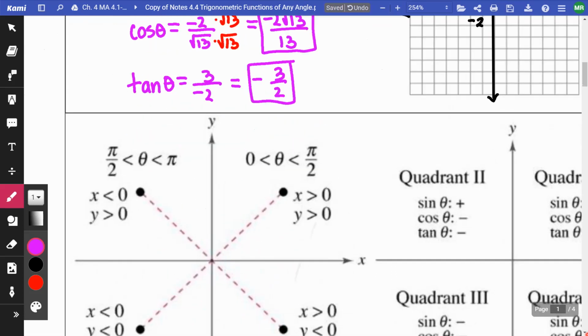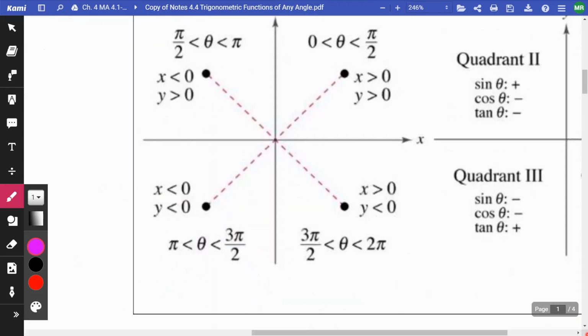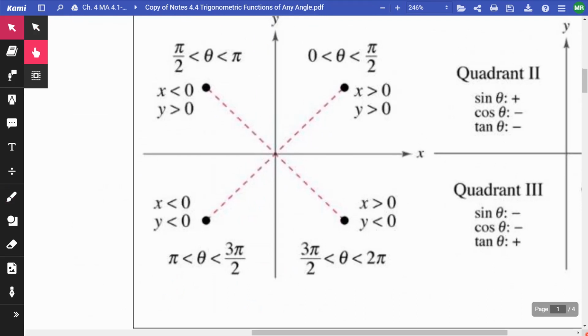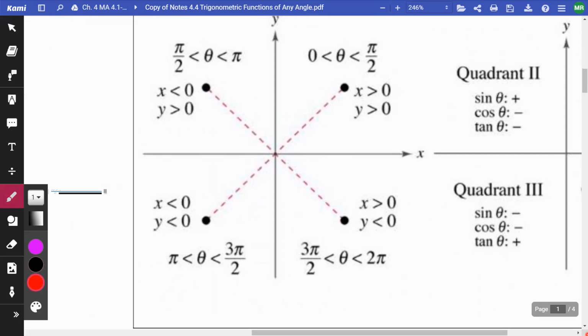Now the next section is just showing us where things are positive and negative in the quadrants. So here, when it says between 0 and pi halves, which is quadrant 1, x is greater than 0, y is greater than 0. They are saying that my x coordinate and my y coordinate are both positive.